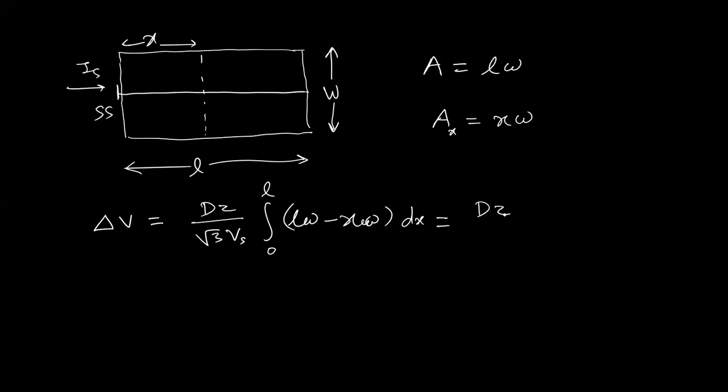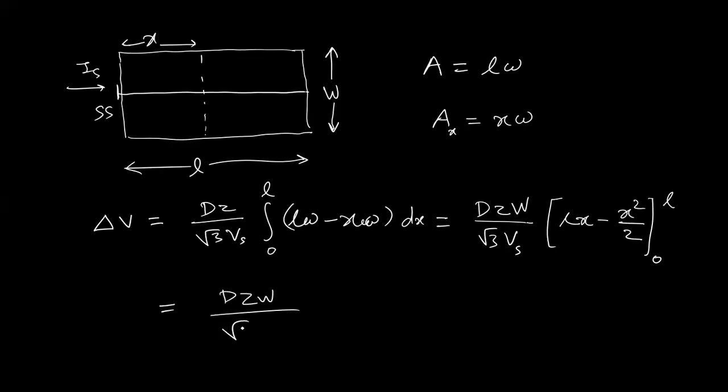So dZ by root 3 Vs, the W will come out as a constant, and what remains inside is L minus X. Its integration is L times X minus X square by 2, and we need to put the limits from 0 to L. So that becomes dZW by root 3 Vs, and substituting the limits, L square minus L square by 2 minus 0.